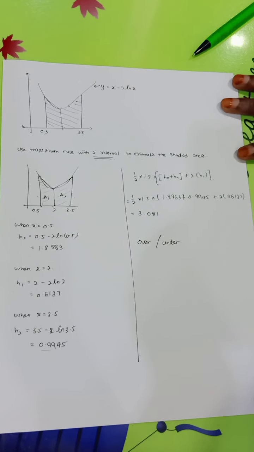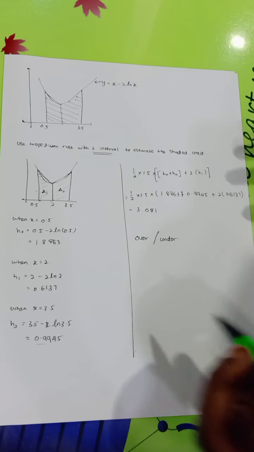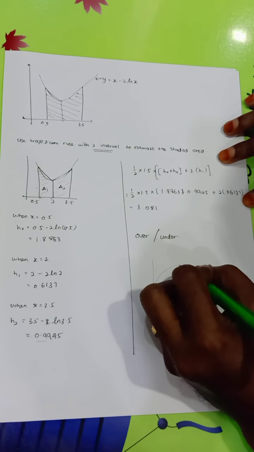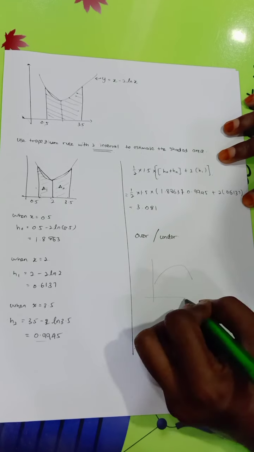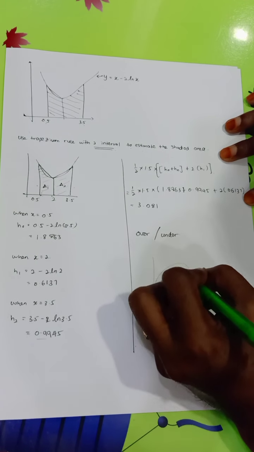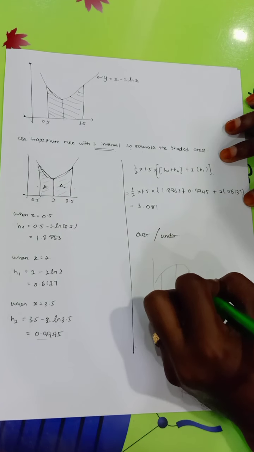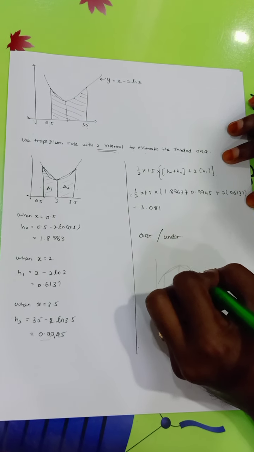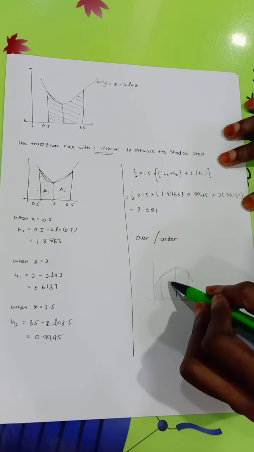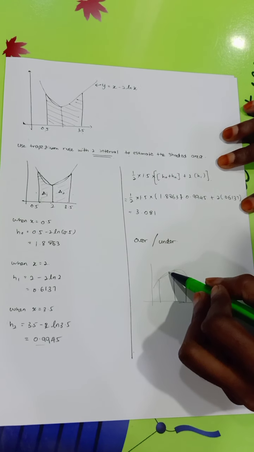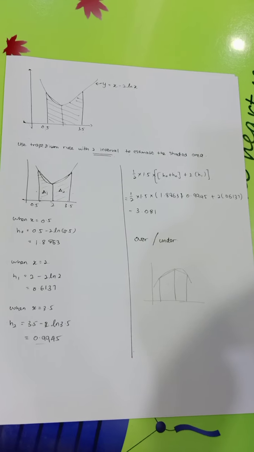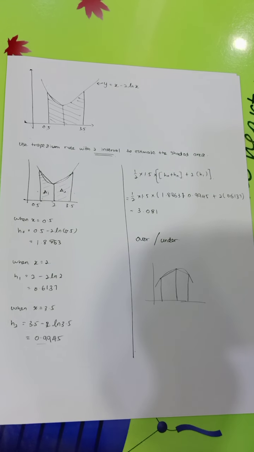Then how does the underestimated graph look? Normally the underestimated graph will curve inwards. For example here, the area of the trapezium is smaller compared to the actual area that we need to find, so we call this an underestimate of the area.